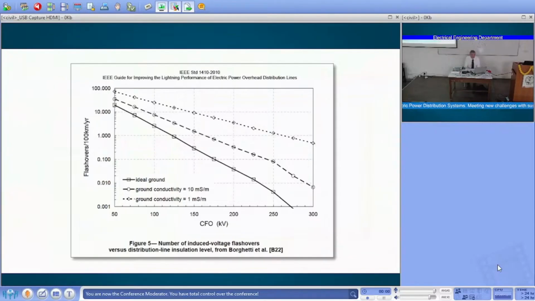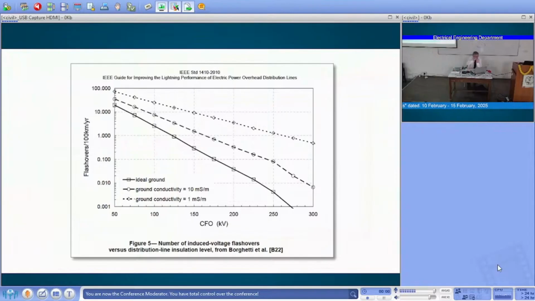Okay. Do you see that by decreasing the conductivity of the ground, in general, we have this effect that the curve is shifting to the upper position? So it means that for a specific insulation level of the line, the lower the conductivity of the ground, the higher is the number of events per 100 kilometers per year.